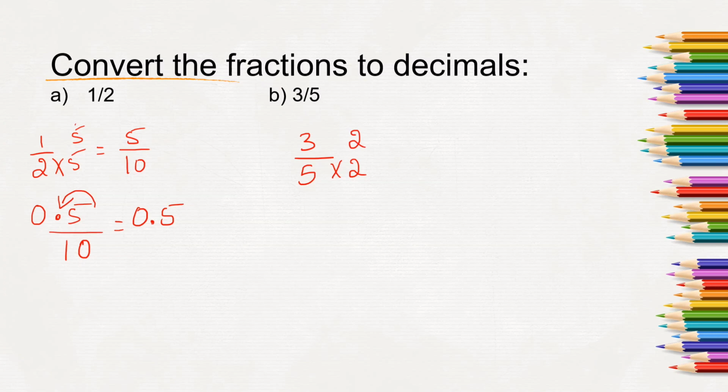Similarly, we'll multiply 3 by 2. Now 3 two times is 6 and 5 two times is 10. Now from the right to left, if we move, here will be the decimal point. So 0.6.